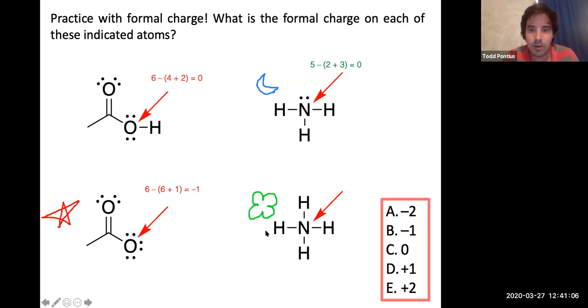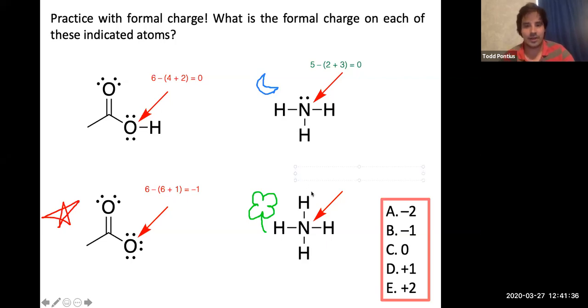It's a terrible clover, but it gets the job done. So take a moment. Okay, looks like we're about ready. So what are our thoughts here?